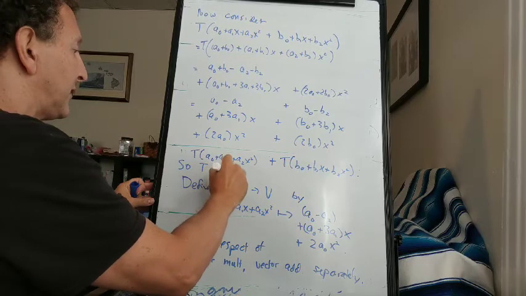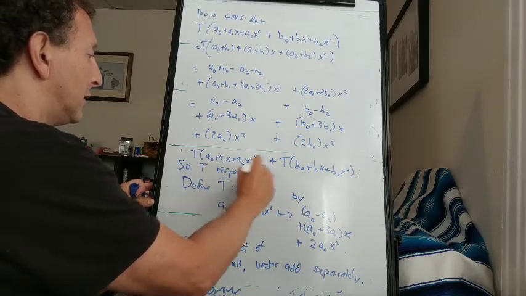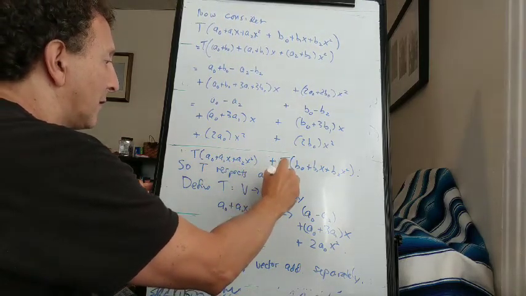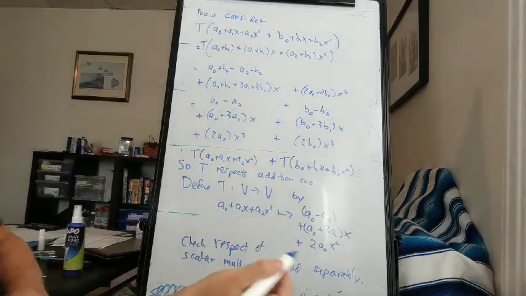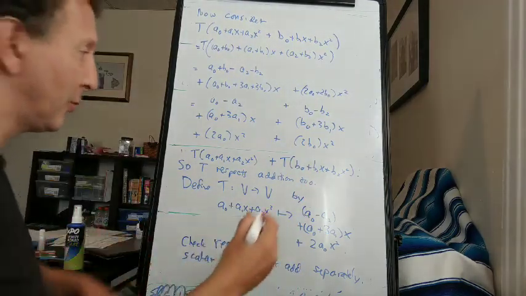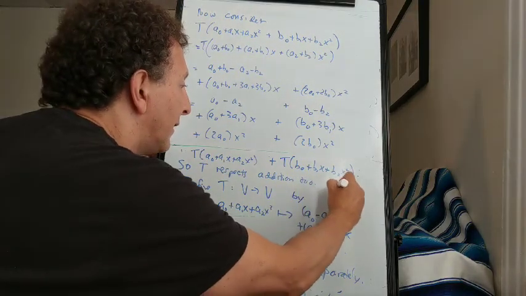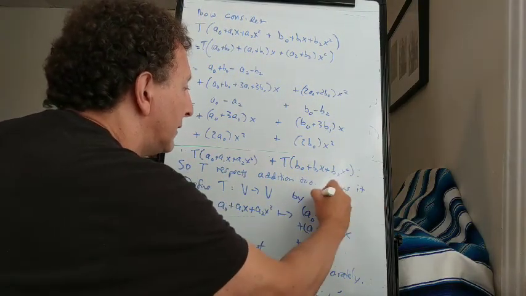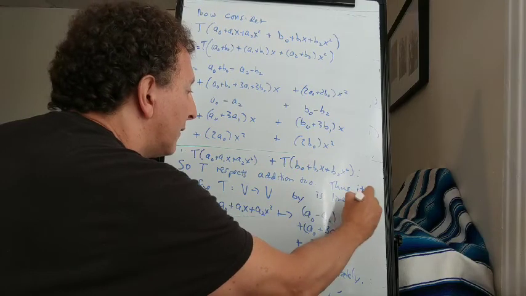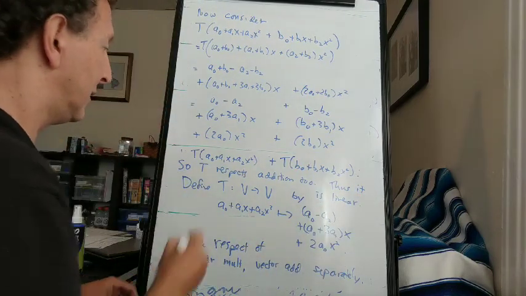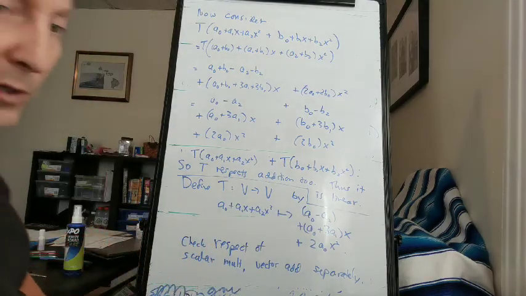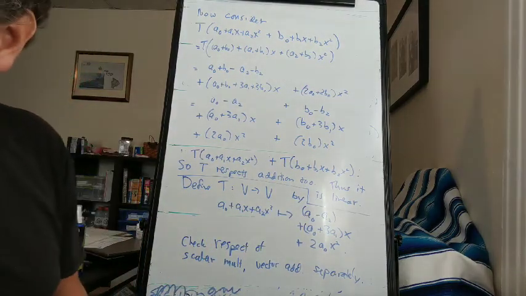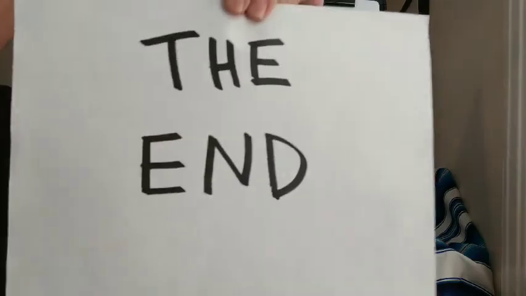So T respects addition too. And since we checked to see that it respected scalar multiplication before, it is linear. So there we have it. There's our difficult example. The end.